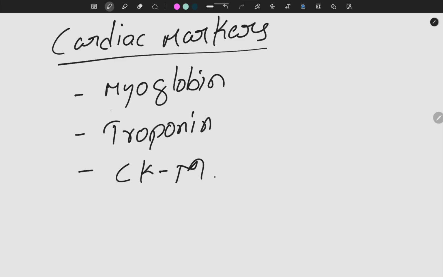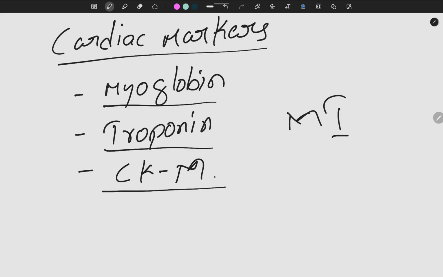These markers are elevated in the case of myocardial infarction. They have some timing: myoglobin within 1 to 4 hours, troponin T is about 4 to 6 hours, and finally CKMB is 4 to 8 hours.